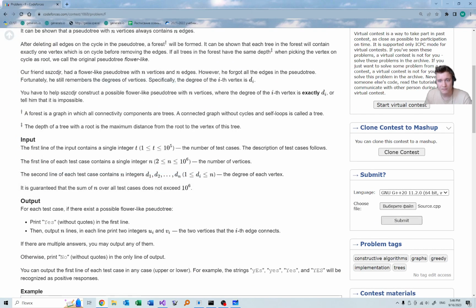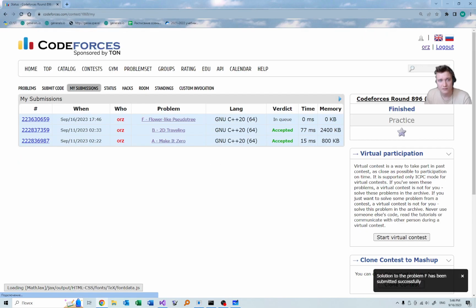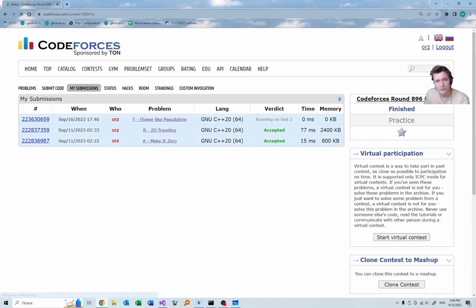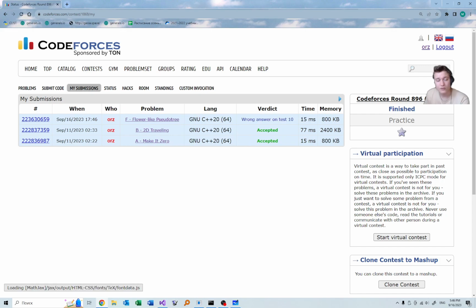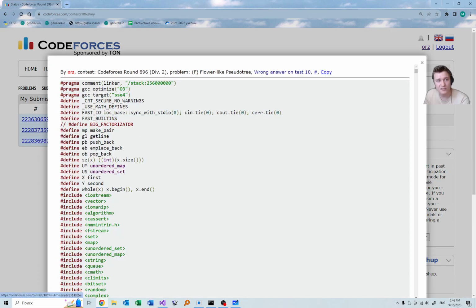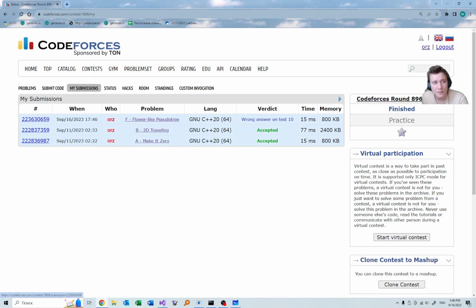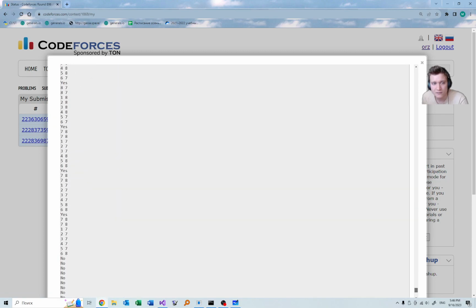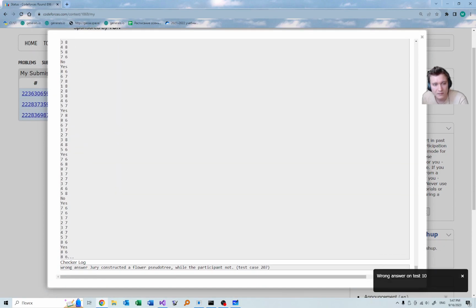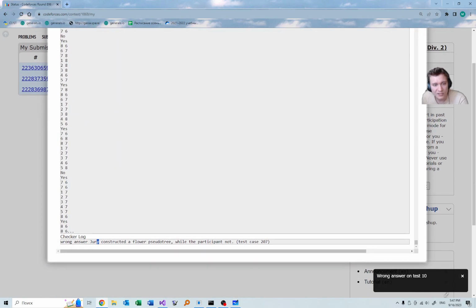Let's see if it is correct. Wrong answer, test 10. It happens. So one of our cases is incorrect. Maybe we can see it. Can we see it? Jury constructed a flower pseudotree while the participant did not.